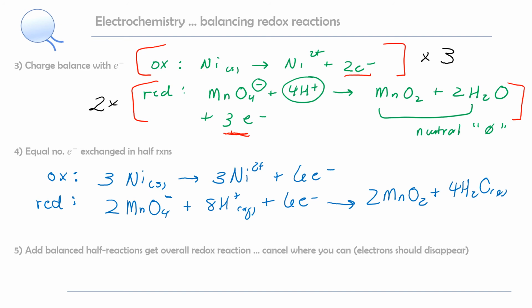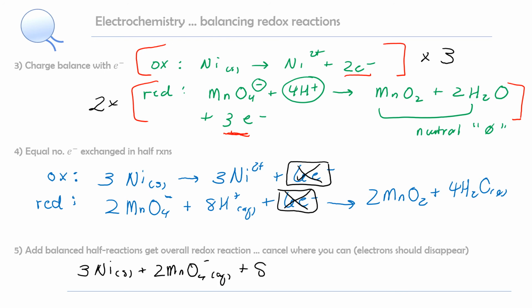Once again, if we've done everything correctly, I've got 6 electrons on the right, I've got 6 electrons on the left, they cancel. And so now my overall reaction is going to be 3 nickel solid plus 2 MnO4 minus in solution plus 8 hydrogen ions in solution on the left side.